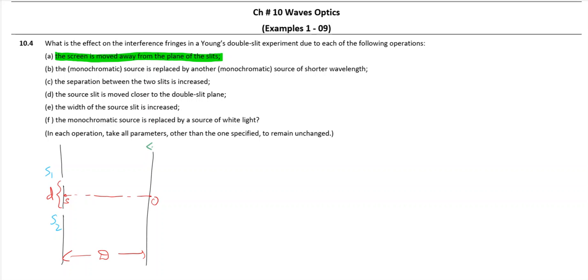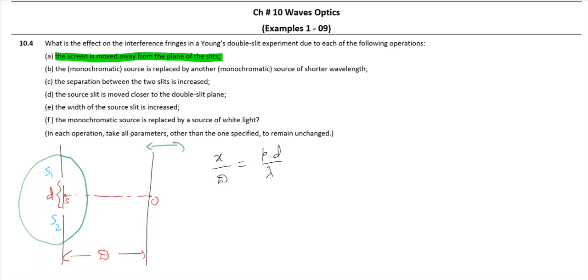You move the screen and you are not making any change here. So the angular separation of the fringes will not change, but we know that x by d is equal to path difference by lambda.